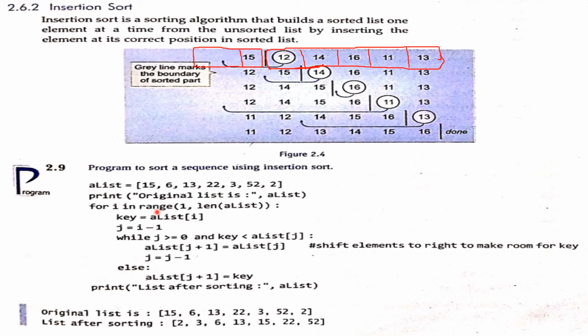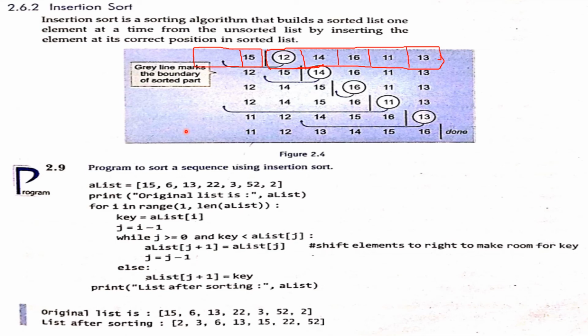So from 1 to the length of the list, we will run this outer loop. Here a variable key is taken, and it is list of i. The first time it will be 12, then the second time 14, then 16 and 11 and so on. Another loop will be there, and that will be decremented. Here a variable j is taken and it will be initialized to i minus 1.